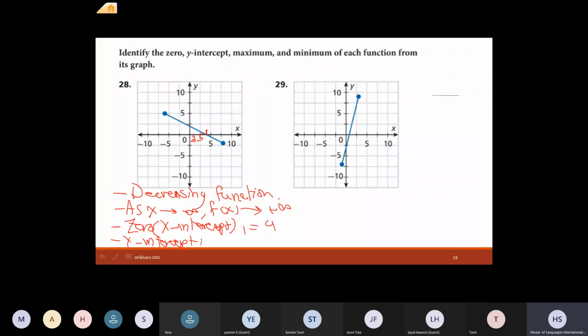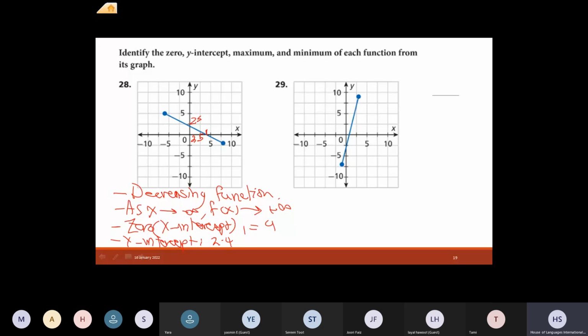Yes, sorry. What did you say? 2.4. Yes, if here is 2.5, approximately 2.4 we can say. So the y-intercept, where the function cuts the y-axis, is at 2.4.